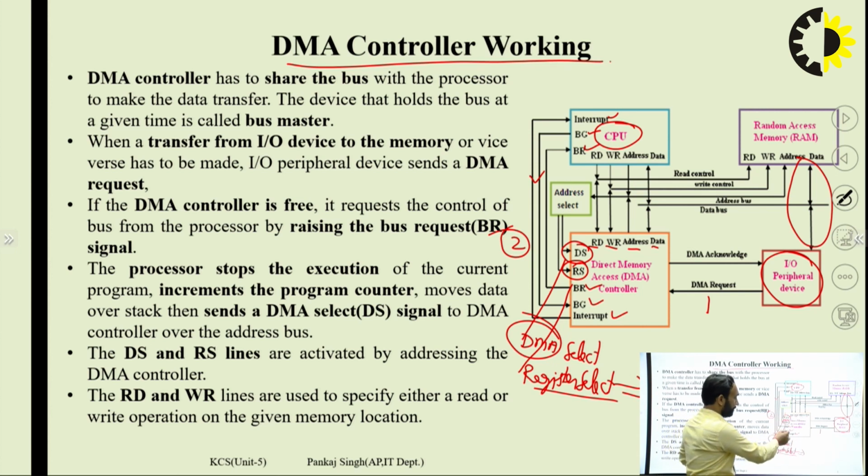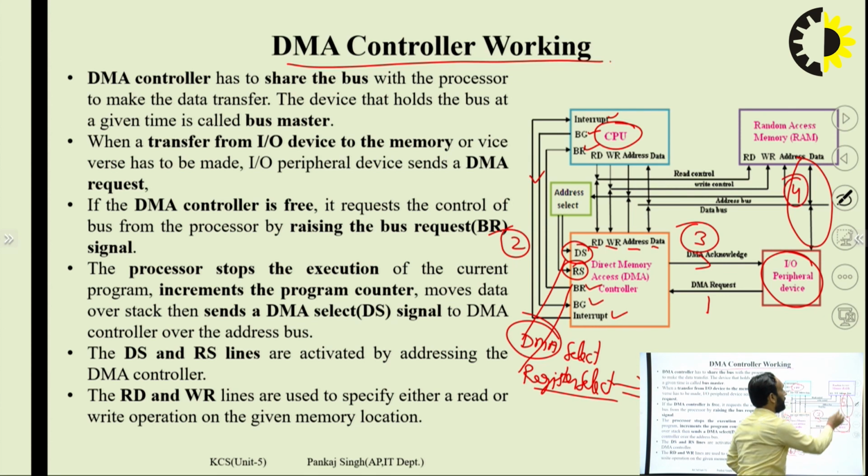After that, when the bus request signal is disabled, it will send a DMA acknowledgement. After that, this link will activate all the relevant operations between memory and IO devices. What are these operations?